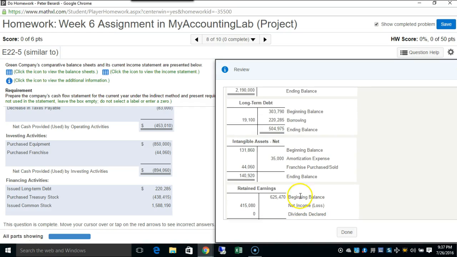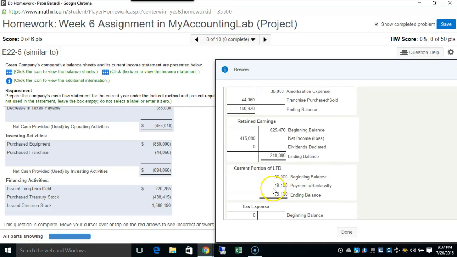Because it's debt, the increase in debt is a credit to the T account.